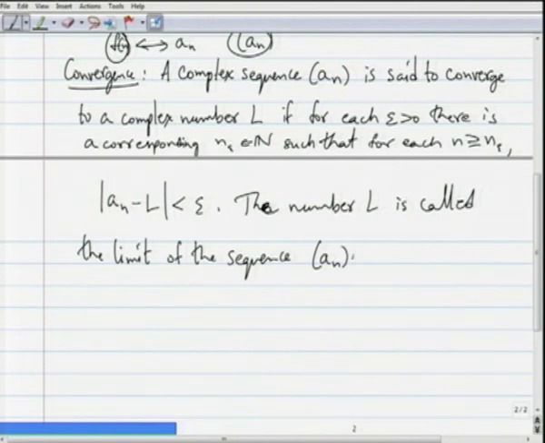Okay. So, this definition is very similar to the definition of convergence of a sequence of real numbers to a limit L. The only thing to notice here is that in the case of real numbers, we considered the absolute value of a n minus L, where a n is the nth term, and we wanted that to be less than epsilon for every n greater than or equal to a particular capital N, depending on epsilon.